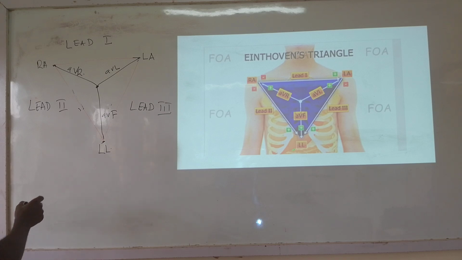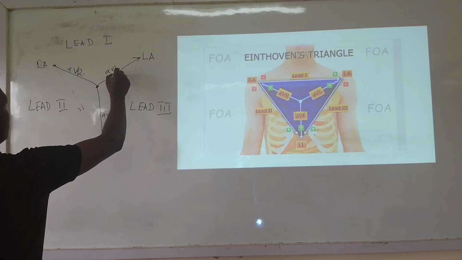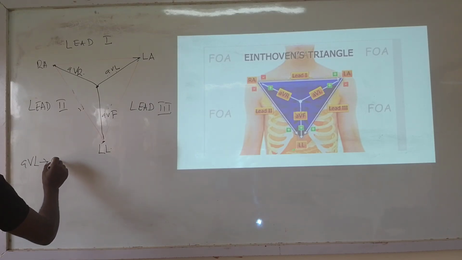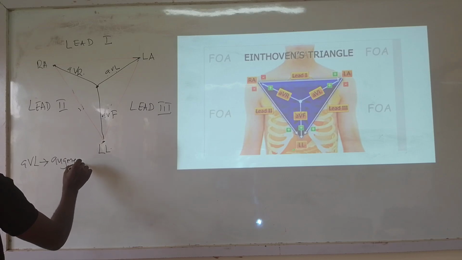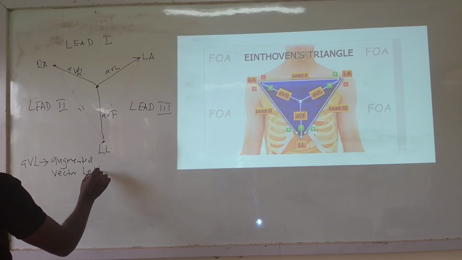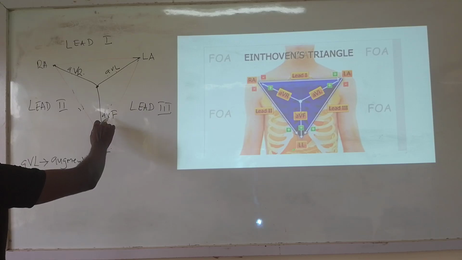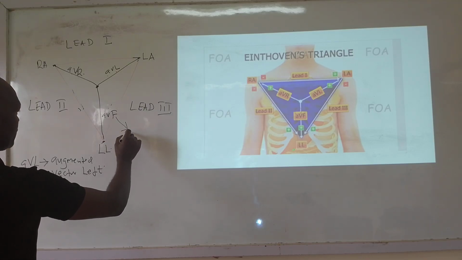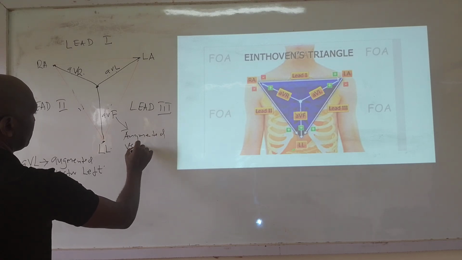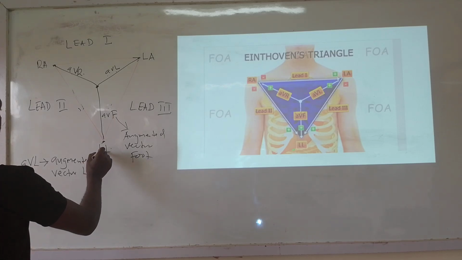So, for example, if we want to connect, when we want to get AVL, remember we said this is just augmented vector left. And this one means augmented vector right, while this one means augmented vector foot, because this is the left leg here.